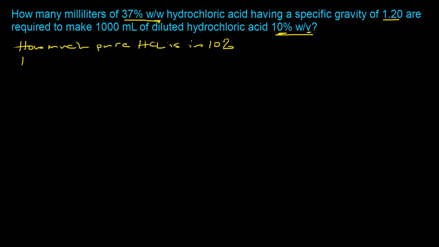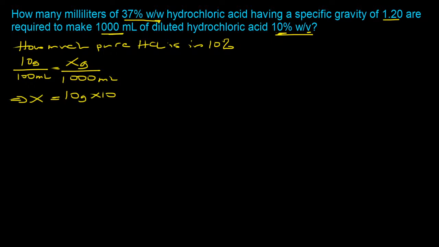So 10% implies you have 10 grams in 100 milliliters. But notice we want to prepare 1,000 milliliters. So we need to figure out how many grams will be needed for the 1,000 milliliters. We can solve for x, which is our unknown. x will be equal to 10 grams times 1,000 milliliters divided by 100 milliliters. If we do this correctly, we end up with 100 grams.